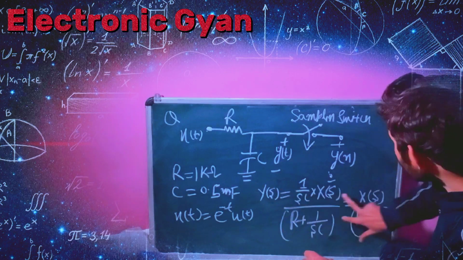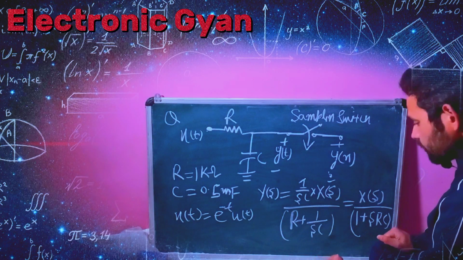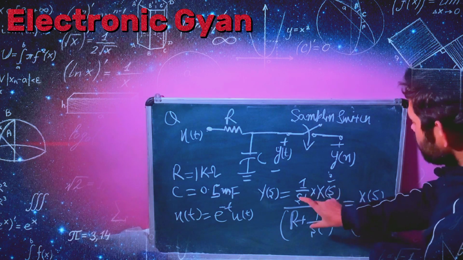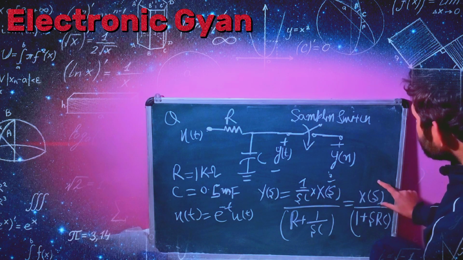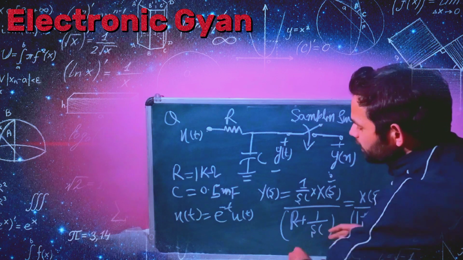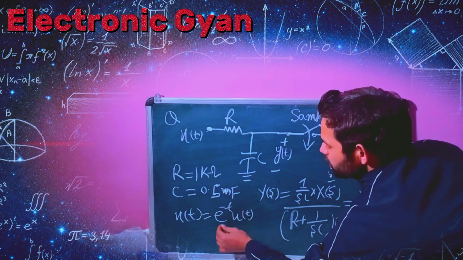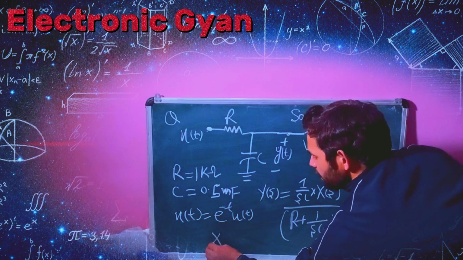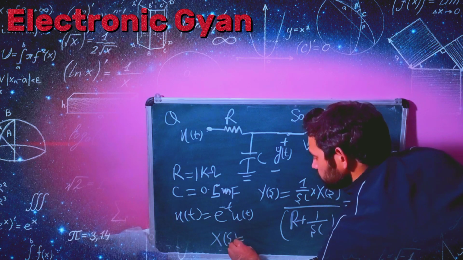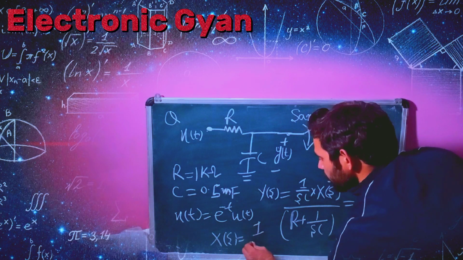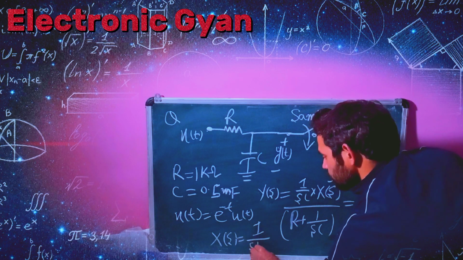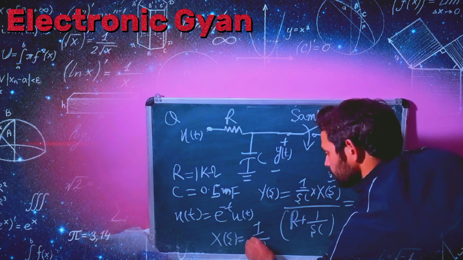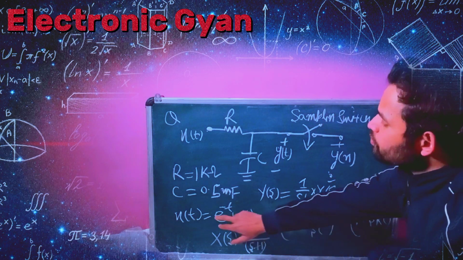So this is my Y of S. Let us put the value of X of S here. The Laplace transform of e to the power minus t u of t is X of S equal to 1 by S plus 1. This is the Laplace transform of the input signal.